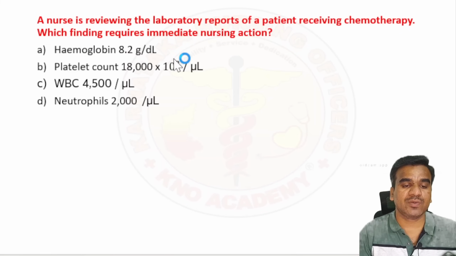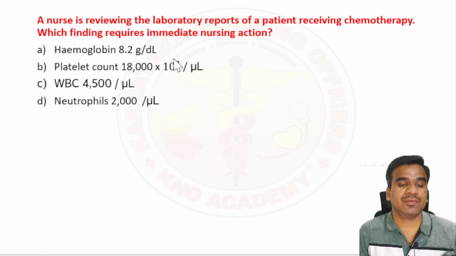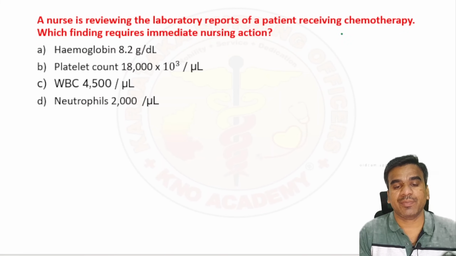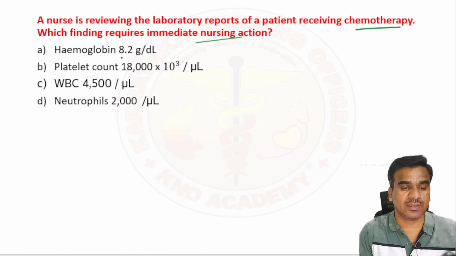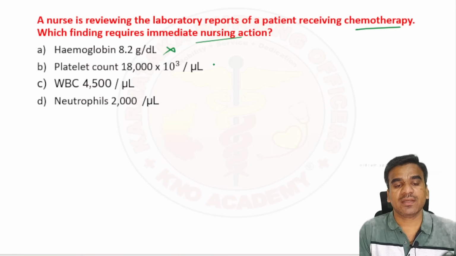The next question is, the nurse is reviewing the laboratory reports of a patient receiving chemotherapy. Which finding requires immediate nursing action? Hemoglobin 8 point something, that is normal only. Sorry, platelet count is 18,000 per 10 to the power of 3 microliter, WBC 4,500, neutrophils 2,000.